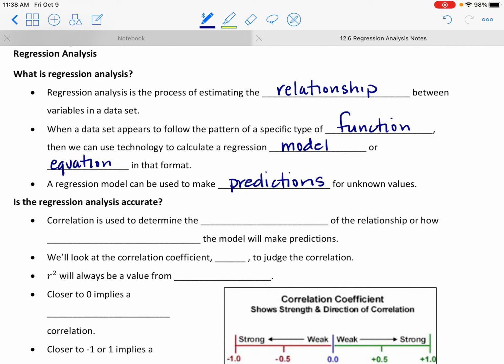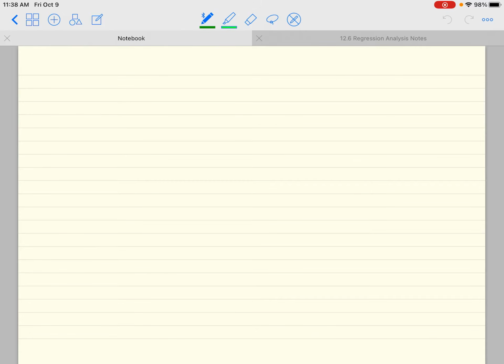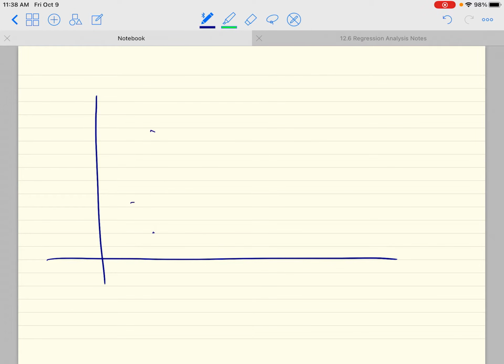Now, I can ask my technology, my Desmos, to calculate a linear or an exponential regression for any set of data, and it may not be accurate. I could, for example, collect data, and let's say my data is just all over the place, where it doesn't look like it's following any particular pattern.